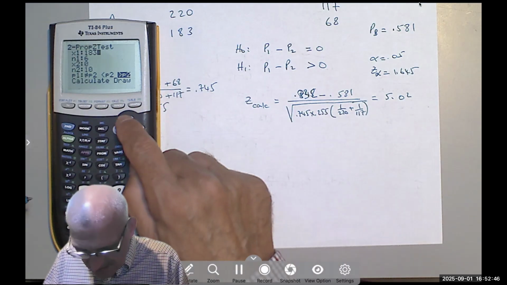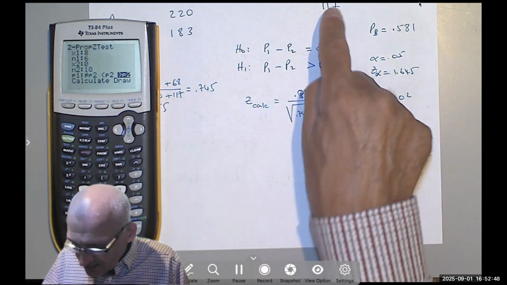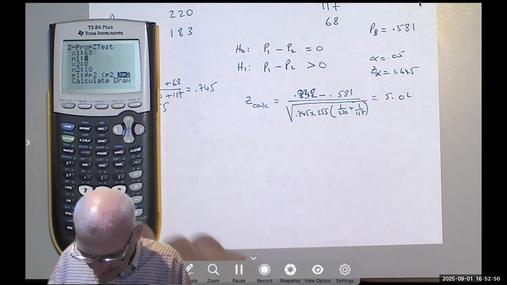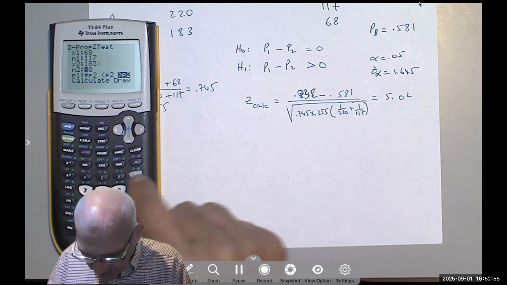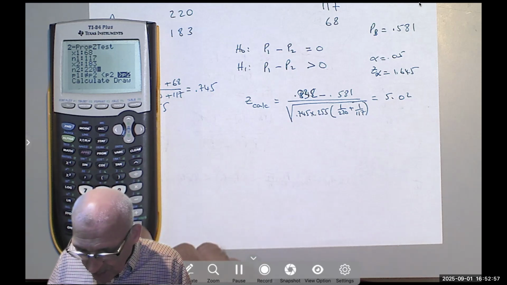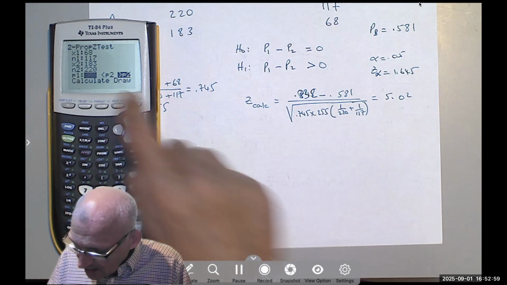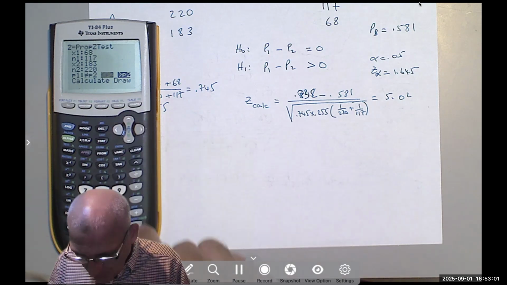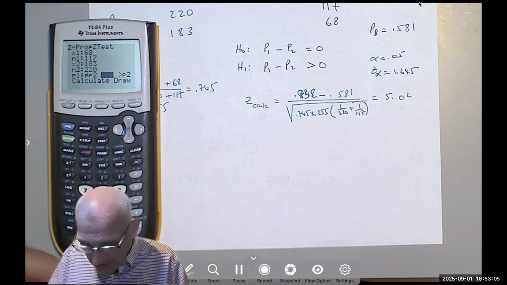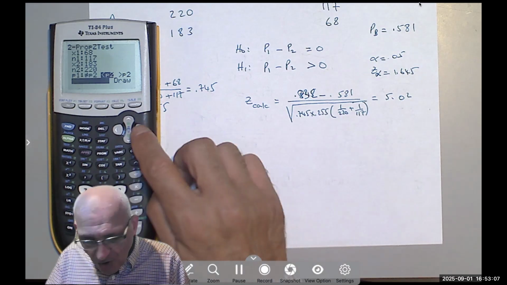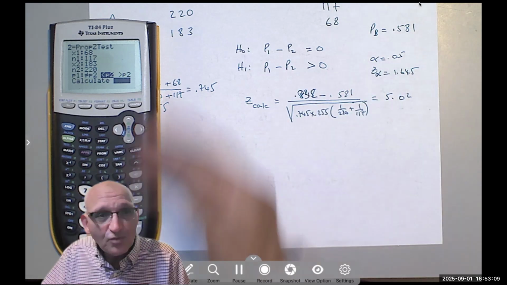It doesn't matter really, we'll get the same answer. But if I enter 68 out of 117, and this is 183 out of 220, P2 is less than P1. So I have to select less than now because I entered Boston first. And then I say calculate or draw. You can do both. Draw will give you both.